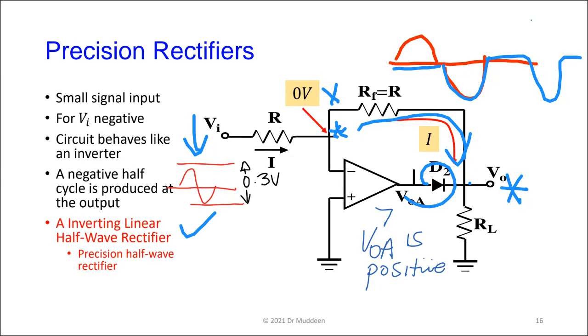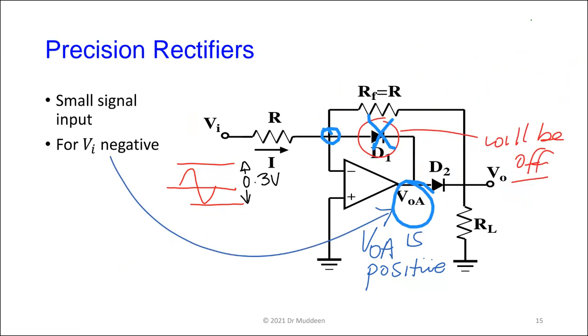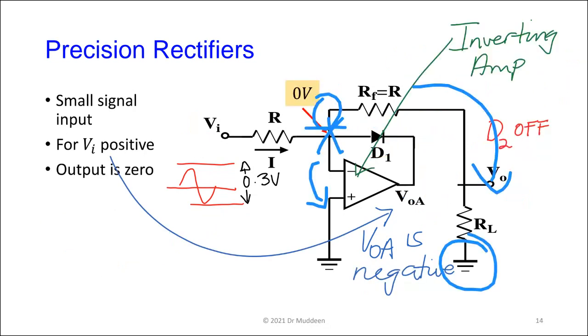Notice that the only reason for these diodes in the circuit is to make the circuit connect or disconnect. In one case, this circuit is off, which is here.